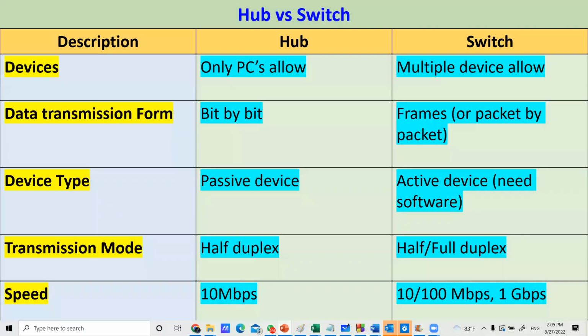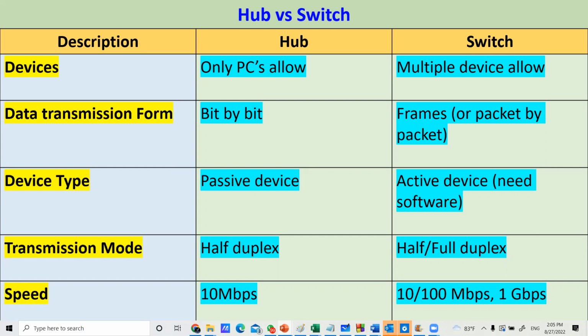Here is the comparison between hub and switch. Here there is some description. The columns under description are devices, data transmission form, device type, and transmission mode or speed also.